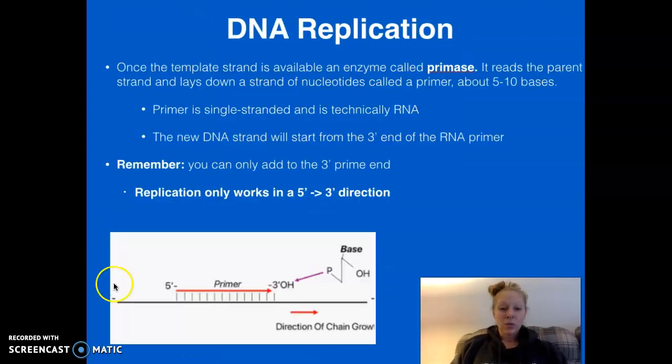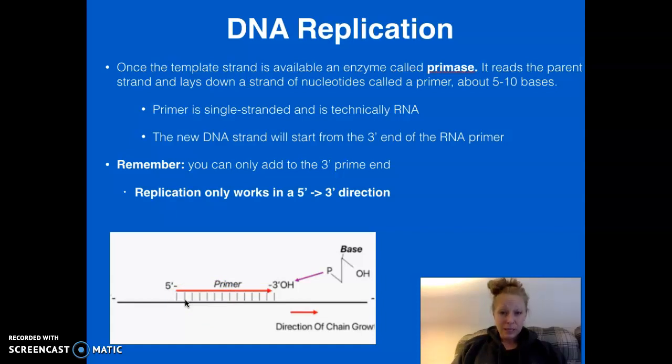So here we have, let's say, our open template strand. It's been split apart, and we're going to talk about primase.